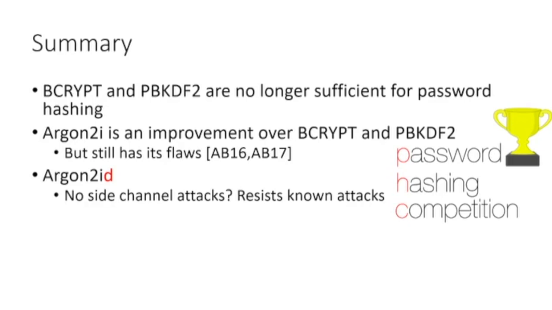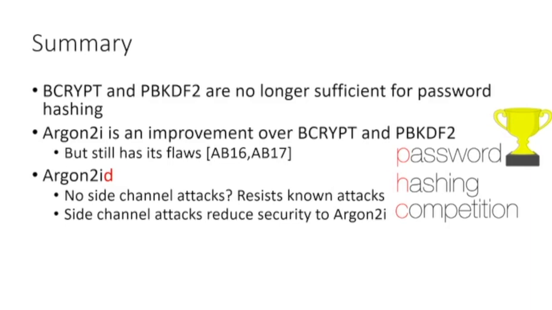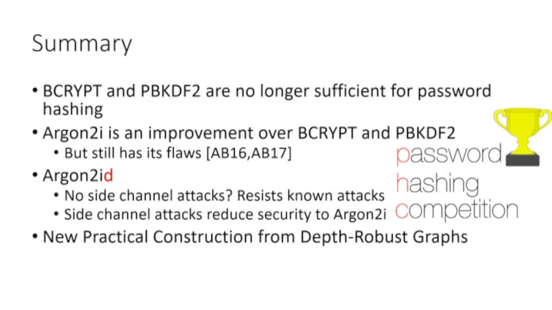If there are no side channel attacks, then it resists all known attacks, and it seems to have cumulative memory cost n squared. Side channel attacks reduce the security, but only a little bit. And finally, what I would recommend is using their construction, but replacing the Argon2i part with a depth-robust graph.